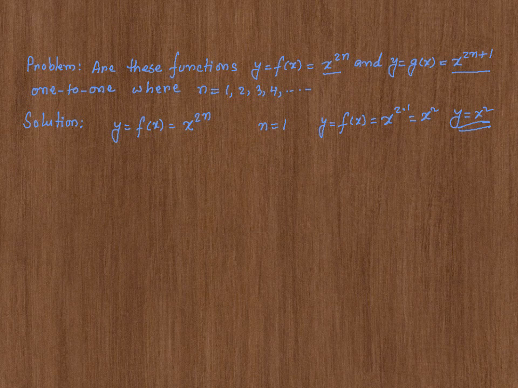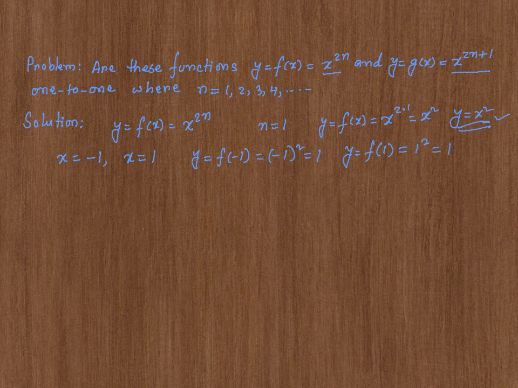Now for this function, y is equal to x square, if my x is equal to negative 1 and x is equal to 1, then what do I get? y is equal to f of negative 1, which is negative 1 whole square, which is 1, and y is equal to f of 1, which is 1 square, which is also 1.